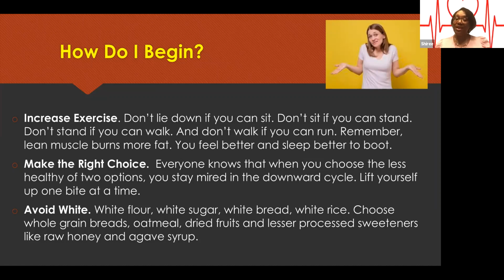Instead, choose more of your whole grain breads, oatmeal, your dried fruits, not those dried fruits that have sugar added. Sugar is everywhere, sugar and salt. I don't know if you've seen dried apricots, but you must read the label. A lot of them have sugar and salt in them. So again, reading labels is critical.